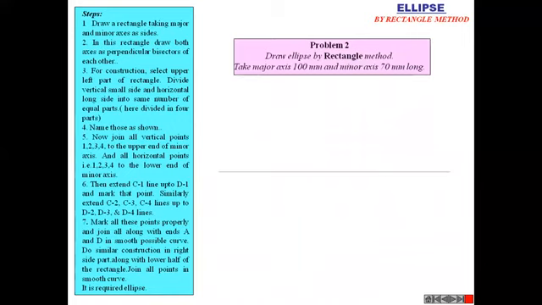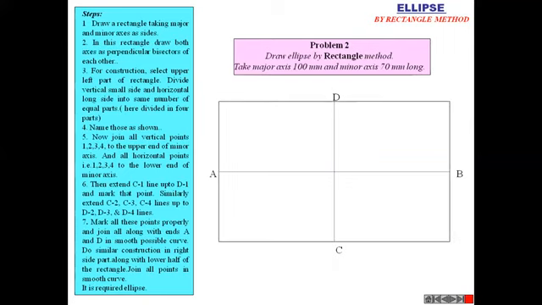This 100 mm line is the major axis, with notation A and B. Then take the exact midpoint of the 100 mm and draw the minor axis of 70 mm, 35 mm above AB and 35 mm below AB. The notation is also important: name the ends C and D, and complete the rectangle first.